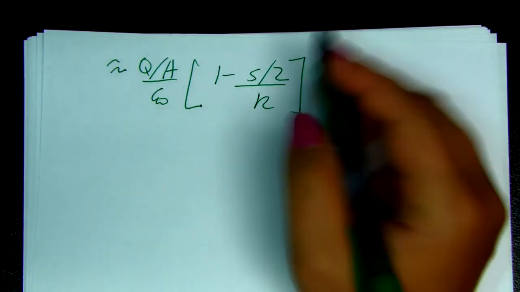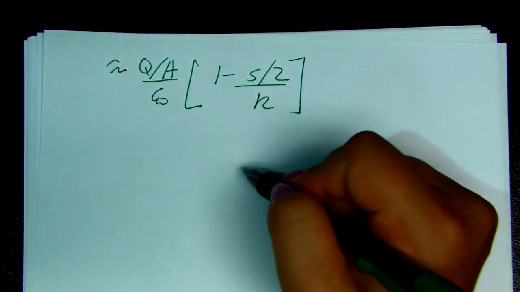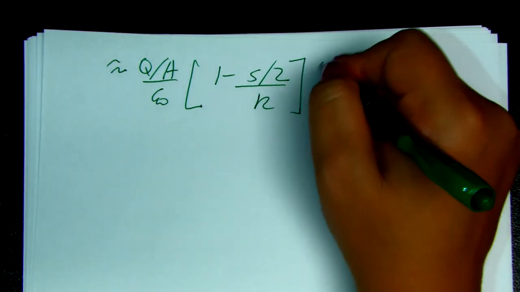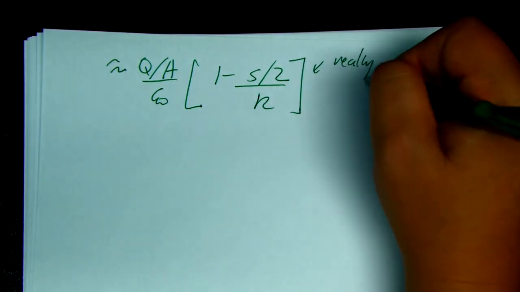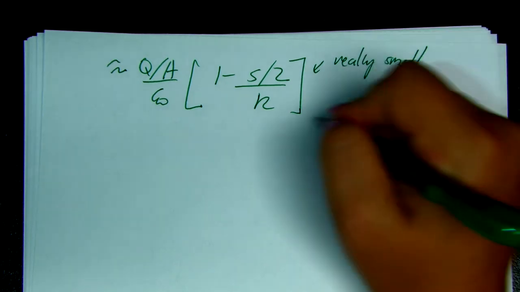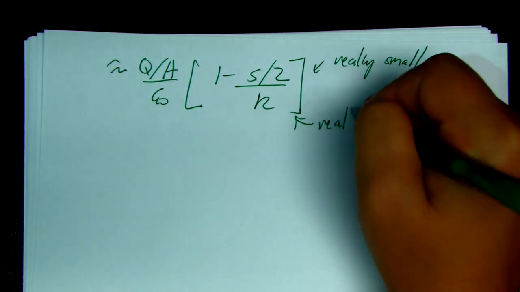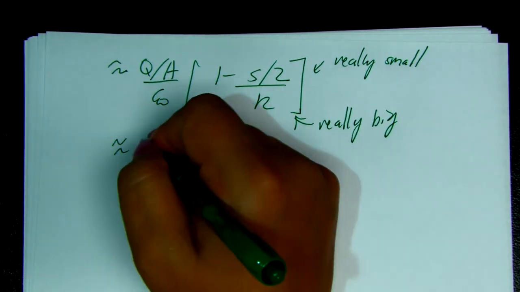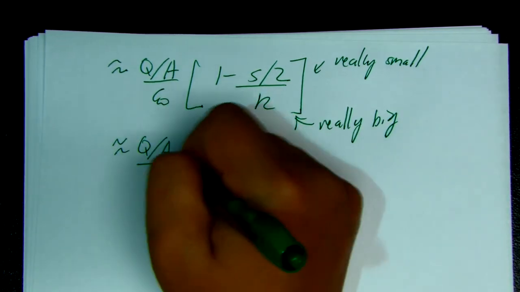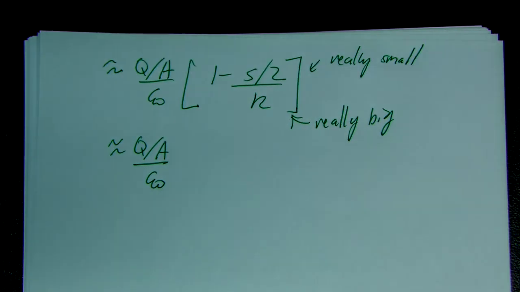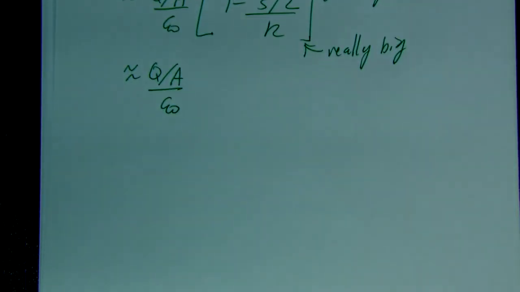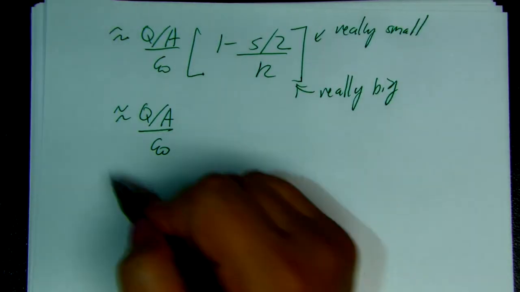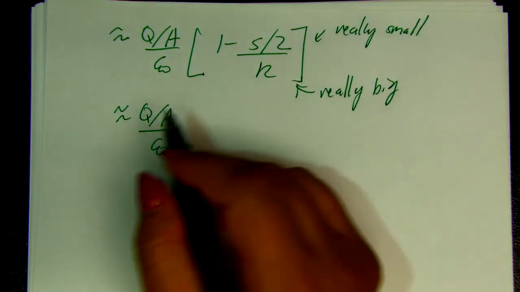Now remember, I said that S was much, much smaller than R. So we've got really small on top and really big on bottom, which means this becomes approximately Q over A divided by epsilon naught. And the field is fairly uniform between the two plates.